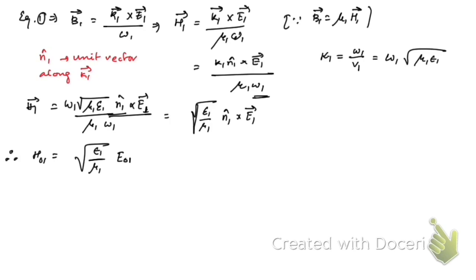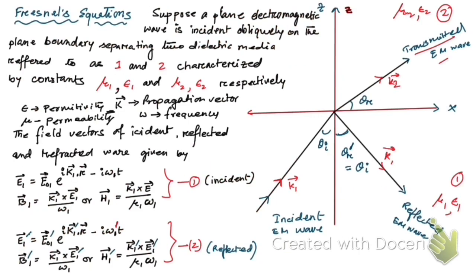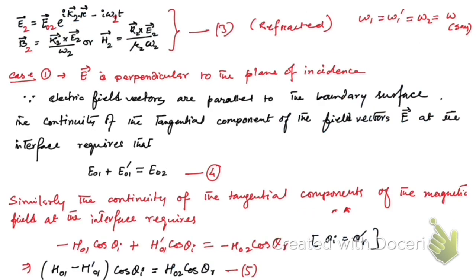So similarly we get H01 dash, here we get root over epsilon 1 by mu 1 for the reflected wave, since the incident and reflected waves are in the same medium. Here you can see these two waves are in the same medium. For the same medium, mu1 and epsilon 1 are the same.